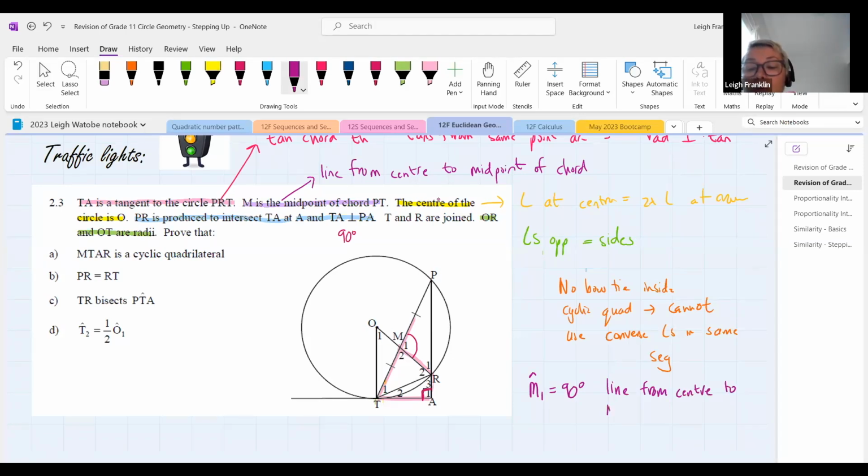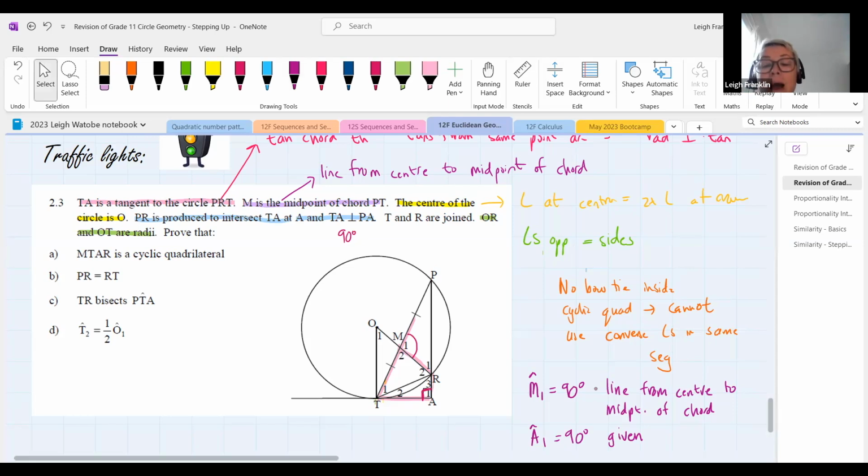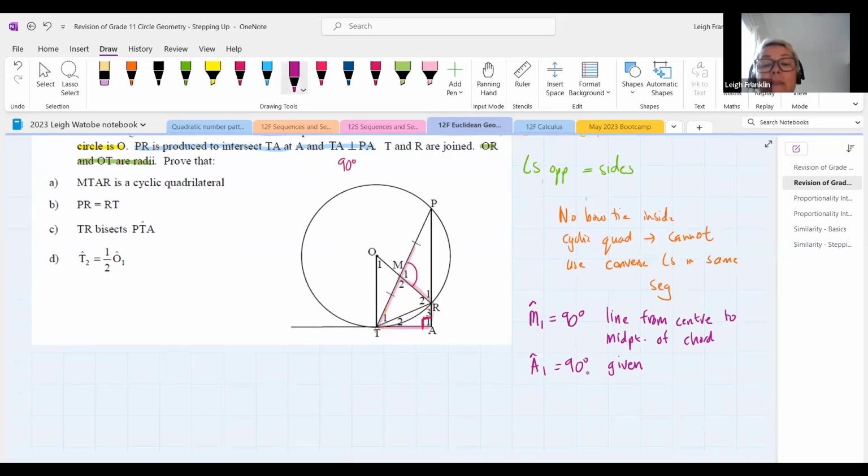Okay, that's our introduction. Now we know that A1 is 90 because that has been given to us. A1 equals 90. Given. So now we link the two together.